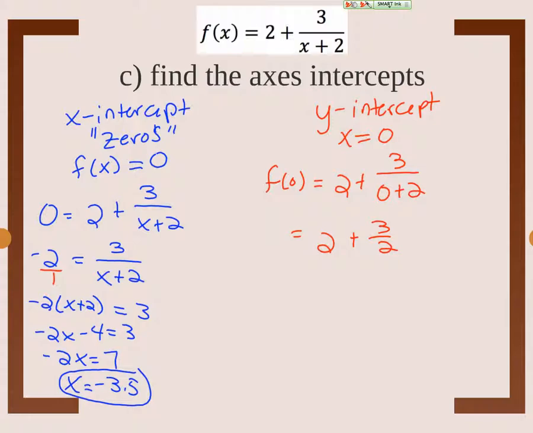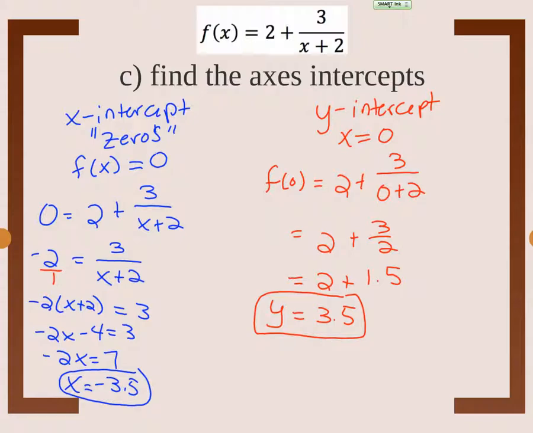I'm going to go ahead and switch this one into a decimal again because I know I'm going to be graphing. So that's 1.5. And it equals 3.5. And I'm going to go ahead and switch my f of x or f of 0 just to y because I know that's the y-intercept and that's what we're going to be marking on the y-axis. Now, I know we've done these types of things before, but are there any questions about any piece of that?